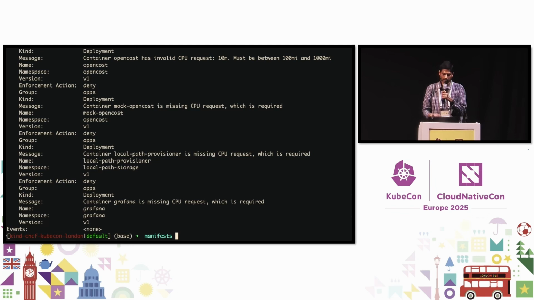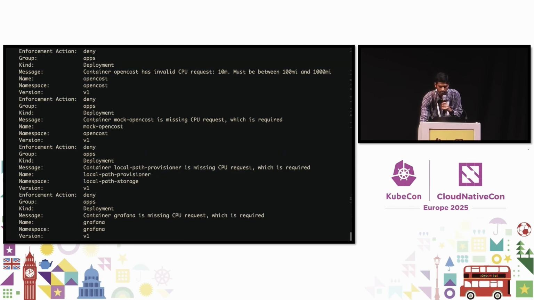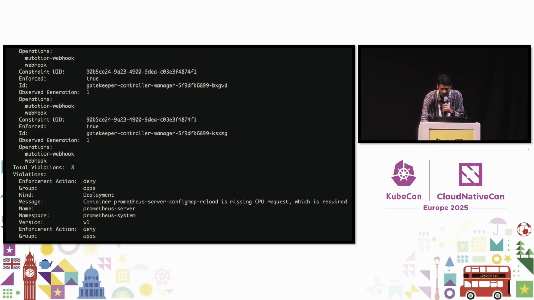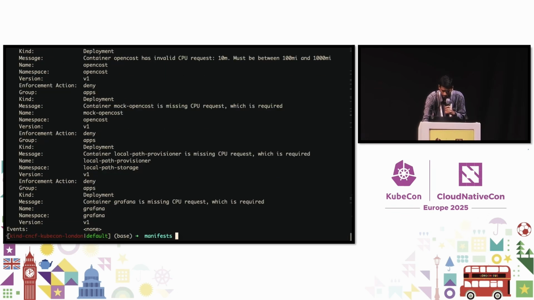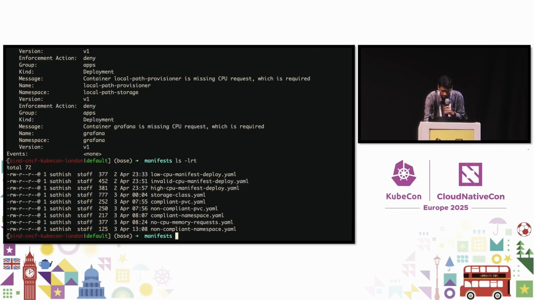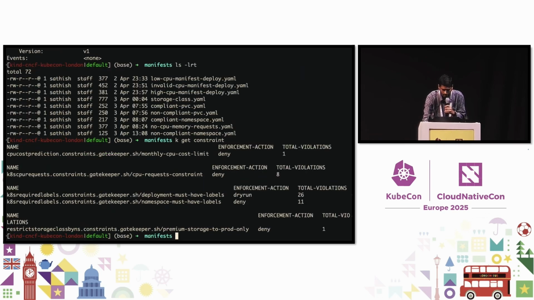You can see here this specific namespace is missing requests. Okay, get constraint. For example, monthly spend. You can just see.